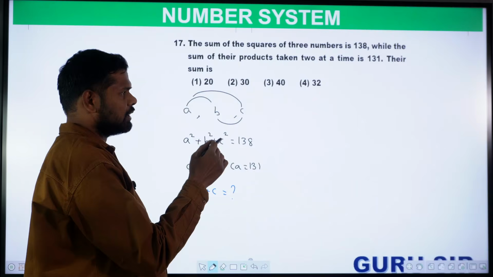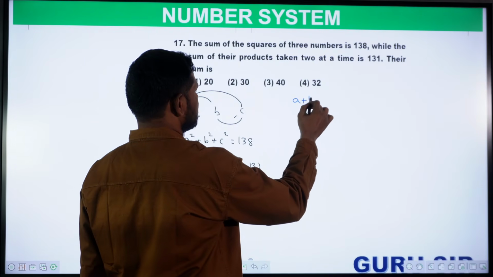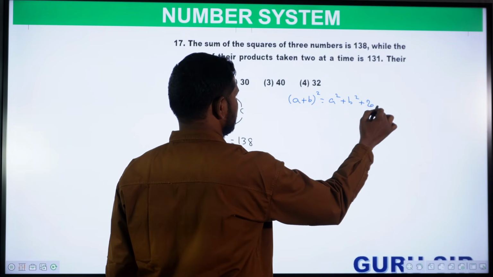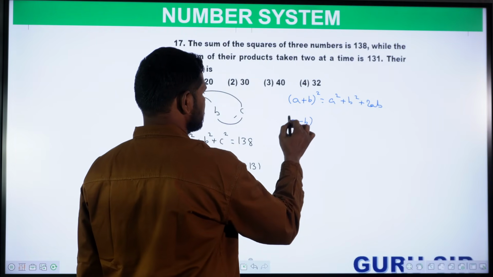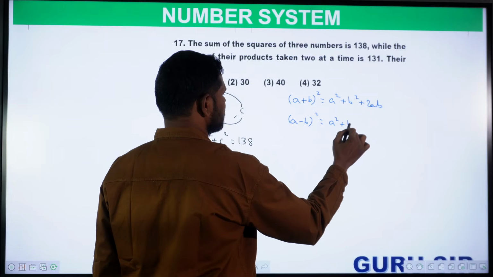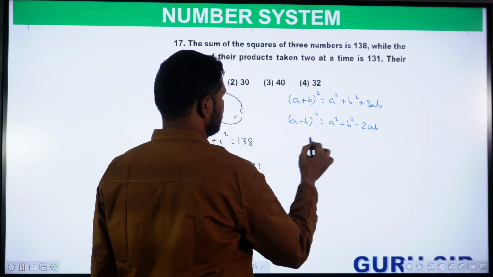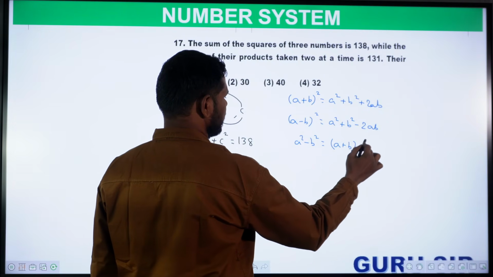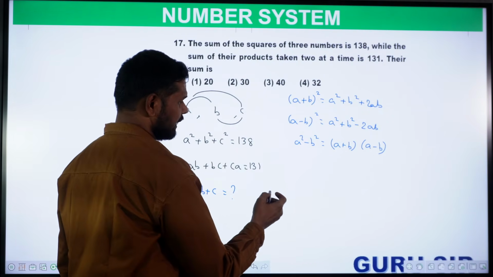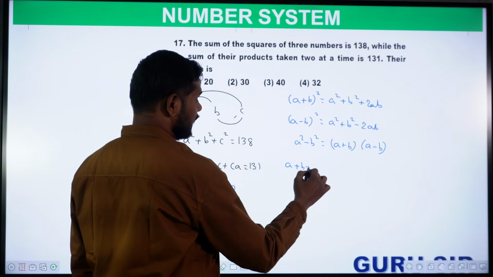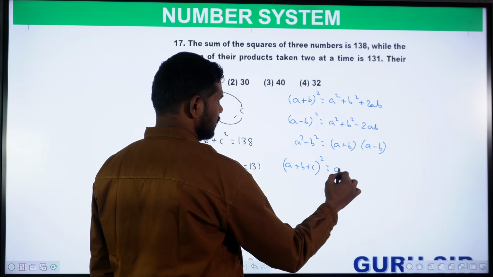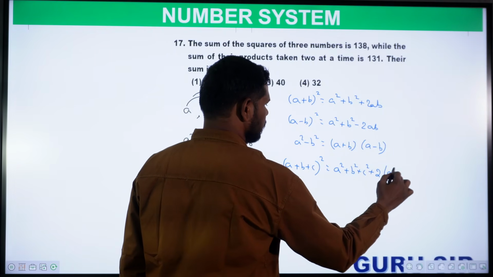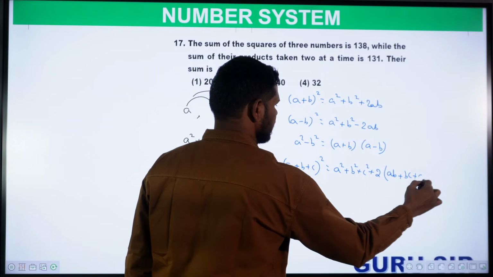Remember some formulas here, those algebraic identities. A plus B whole square, we all know, is A square plus B square plus 2AB. A minus B whole square is A square plus B square minus 2AB. A square minus B square equals A plus B into A minus B. A plus B plus C whole square equals A square plus B square plus C square plus 2 into (AB plus BC plus CA).